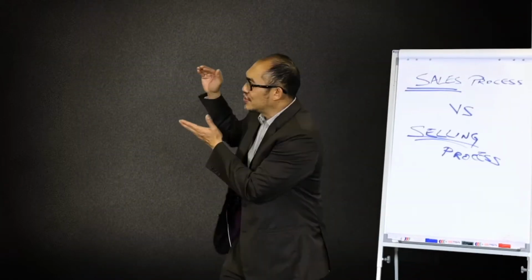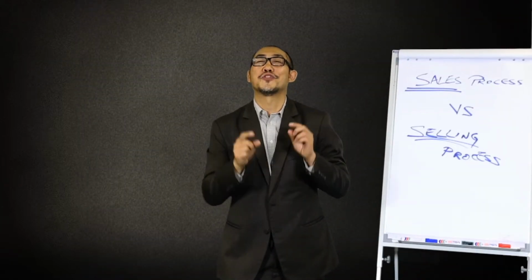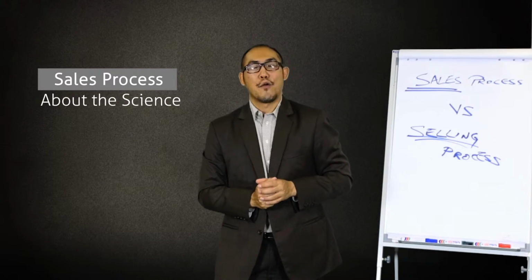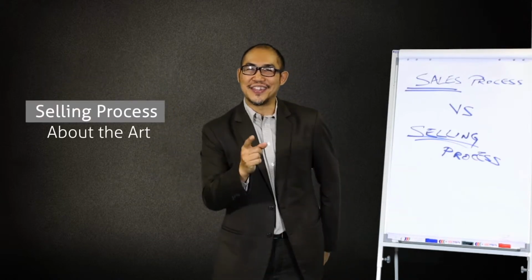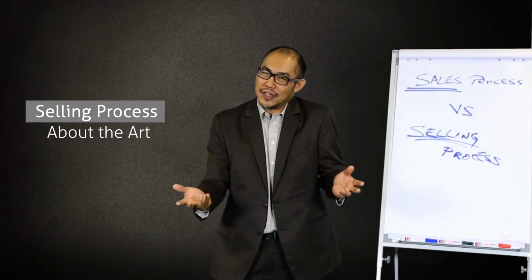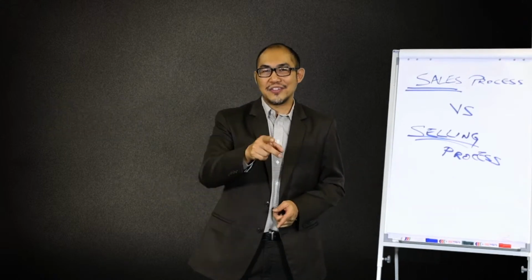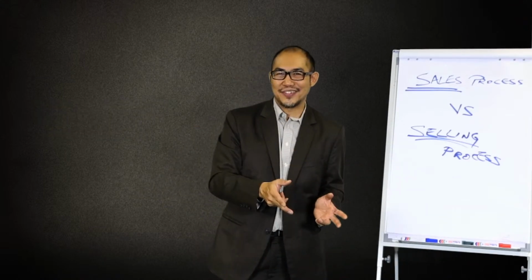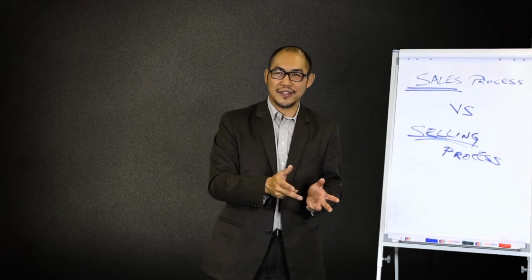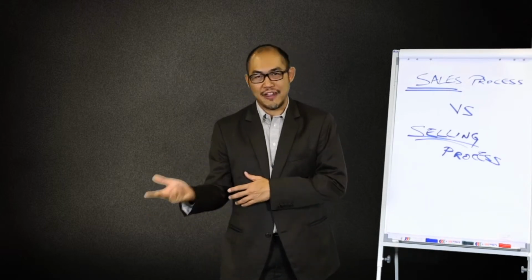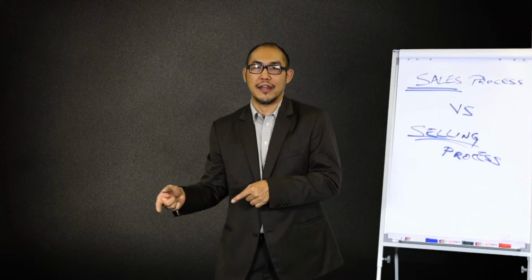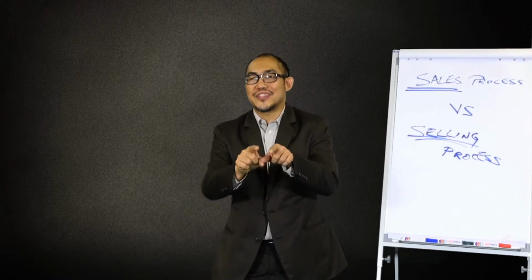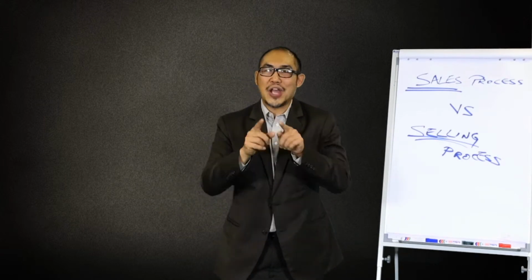Point number 2, your sales process is the science, whereas the selling process is the art. Have you ever heard the statement, sales is about both art and science, and that you can't do one without the other? You actually have to have both. That's exactly what we're talking about. The business process is the science of sales.